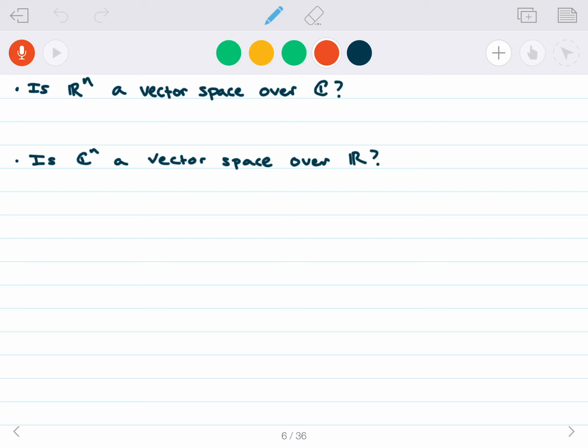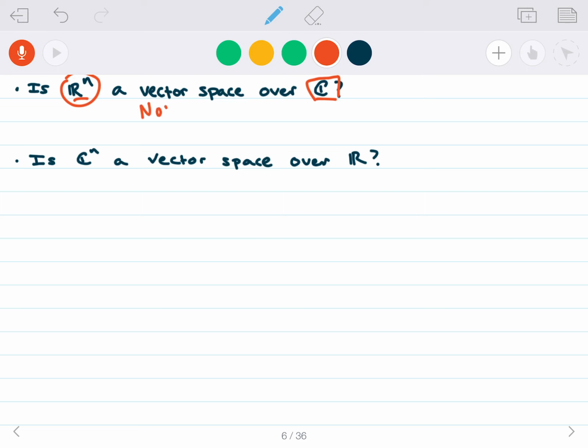So for the first one, we know that any two real vectors is going to be real. So closed under addition is okay. However, is this space closed under the scalar multiplication?